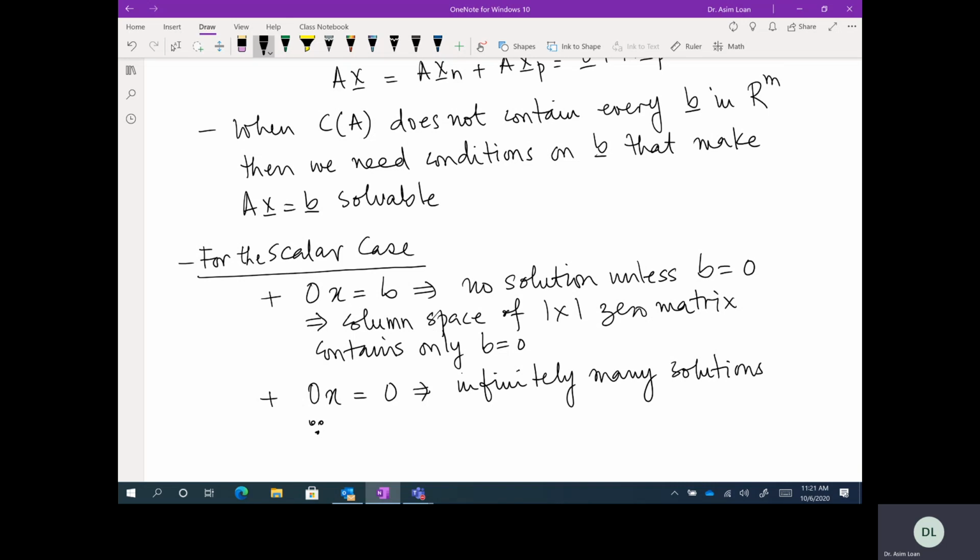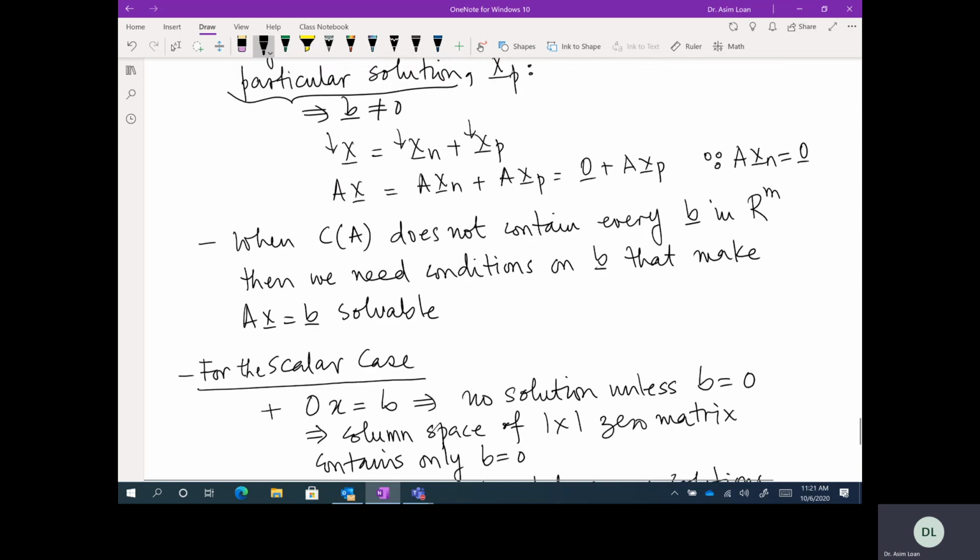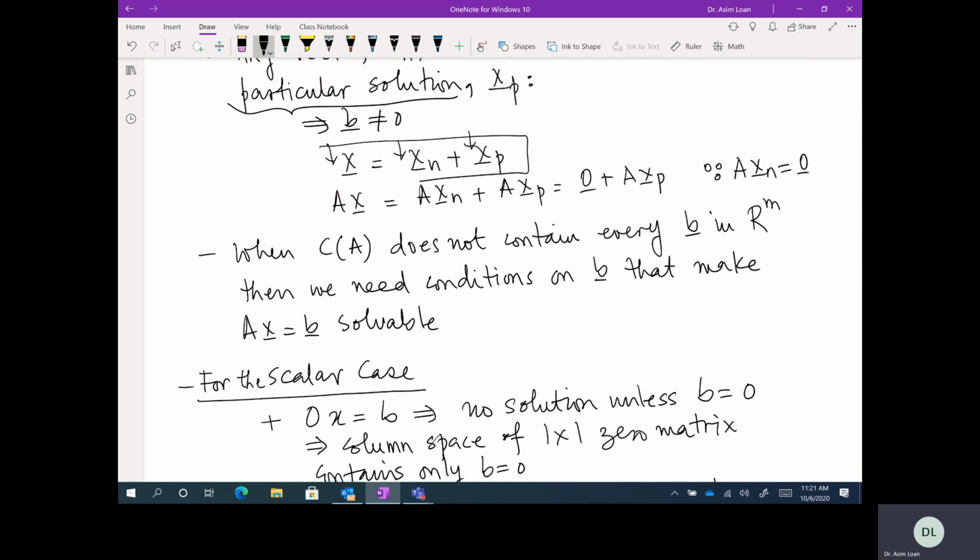because the null space contains all x. And we go back to this one. So if you have a null space which has a vector besides 0, if you have xn besides 0, obviously you have infinitely many possible solutions.